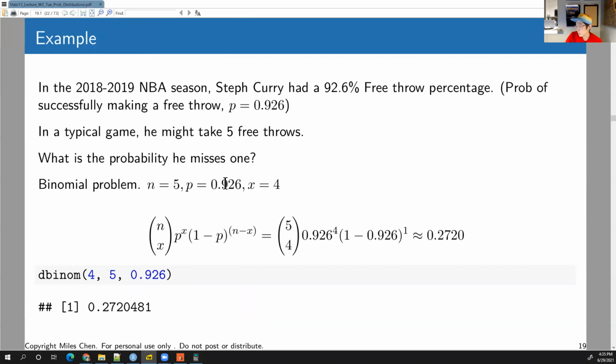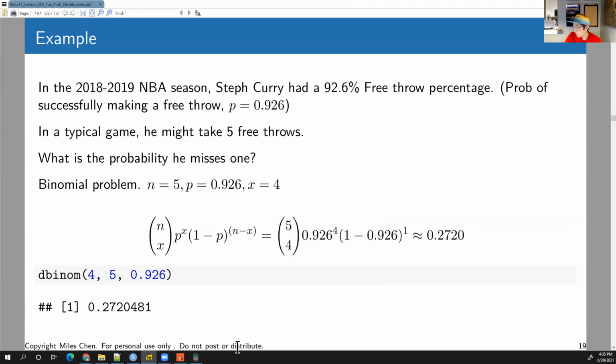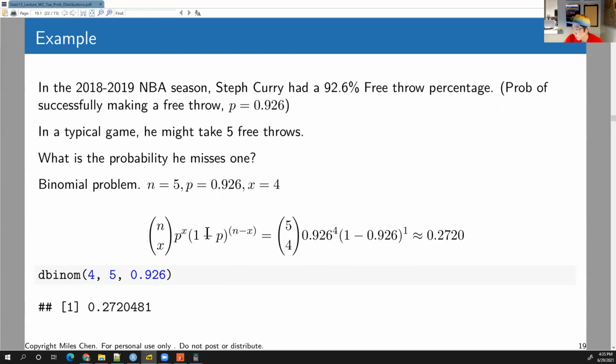I have this written out here. n is 5, p is 0.926, x is 4. We could also use R to do dbinom, 4 choose 5, 0.926. If you wanted to flip the question around, you could call p the probability of missing, being 0.074.